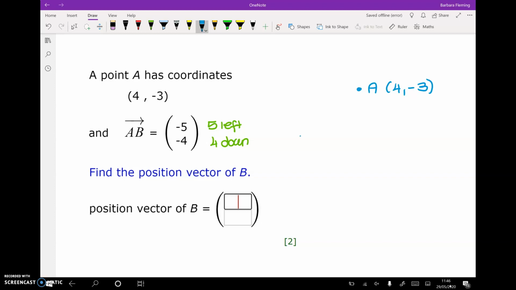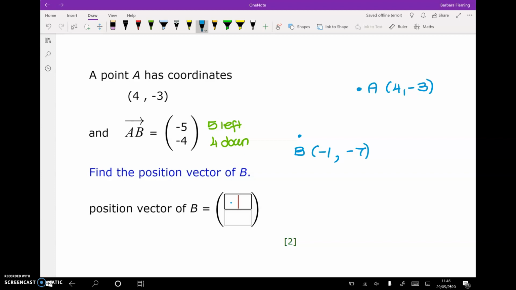And then 4 down, so our B will be around here. So 5 left will give us -1. And 4 down from minus 3 will be -4, -5, -6, and -7. So that is our B, which is -1, -7.